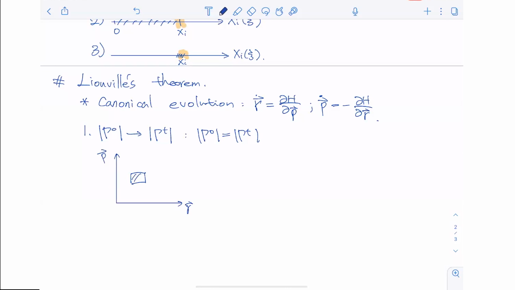Initially, maybe you have a region like that, and after you evolve by the dynamics, basically all the points will start to move. So maybe the shape of the region will change, but the volume of it will stay the same. Okay.